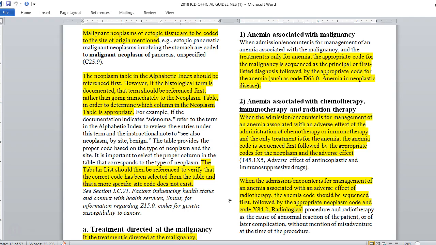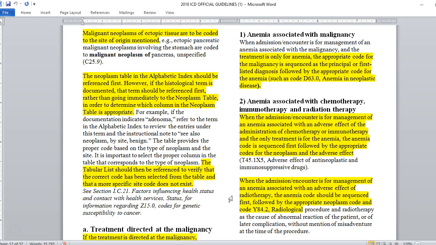So if we're given the full histological term, like, again, a prostatic adenoma, or melanoma, or something like that, we can look up that term in the regular alphabetic index.